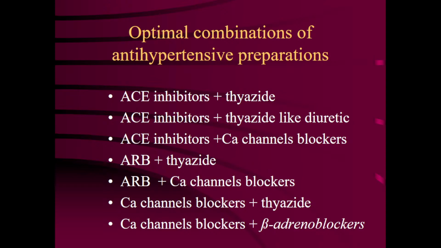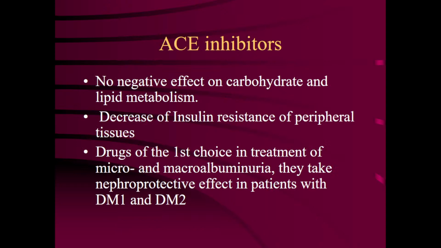Angiotensin 2 receptors blockers plus calcium channel blockers. Calcium channels blockers can be combined with thiazides. Calcium channel blockers can be combined with beta adrenal blockers. Nowadays, there are also triple combinations of antihypertensive preparations.